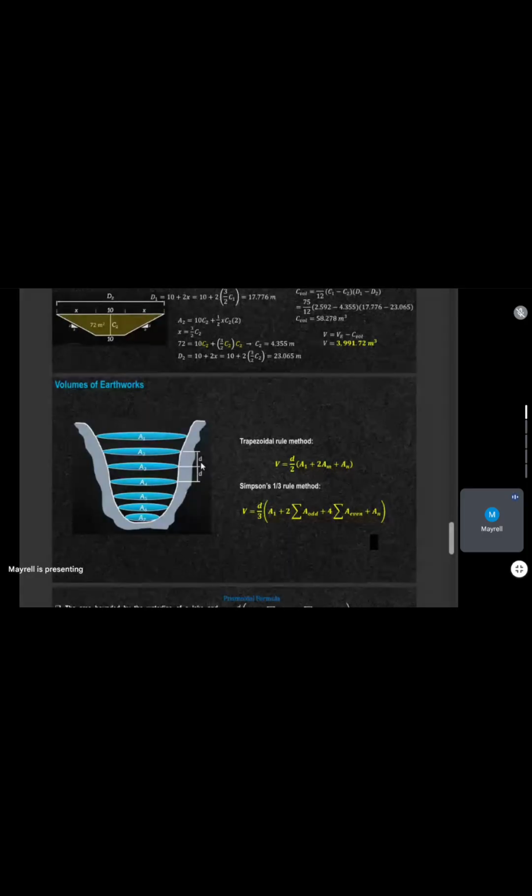And then with this, the same or equal distance between them. So you have the trapezoidal rule. So trapezoidal rule, you have V is equals to D over 2, area 1 plus 2 times the middle areas, those are all the areas A2 to A6, plus area N, the last area 7.